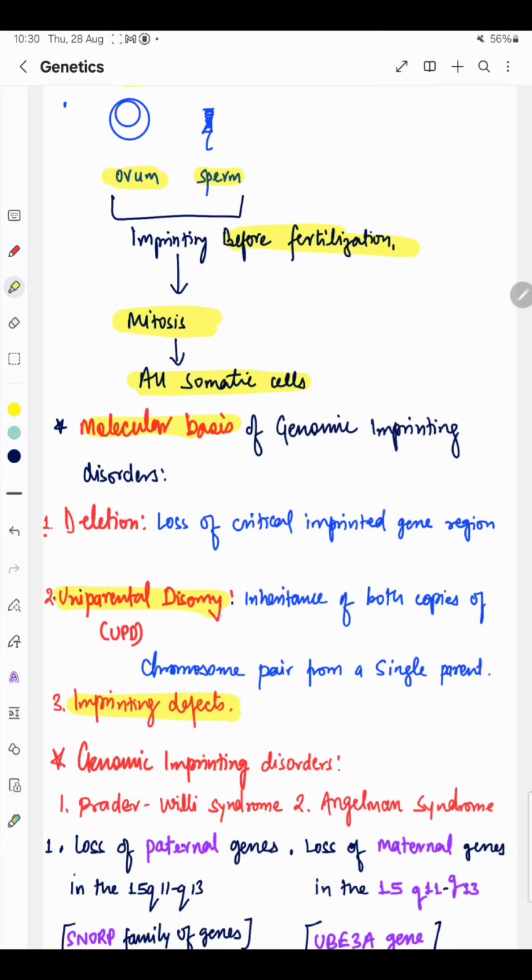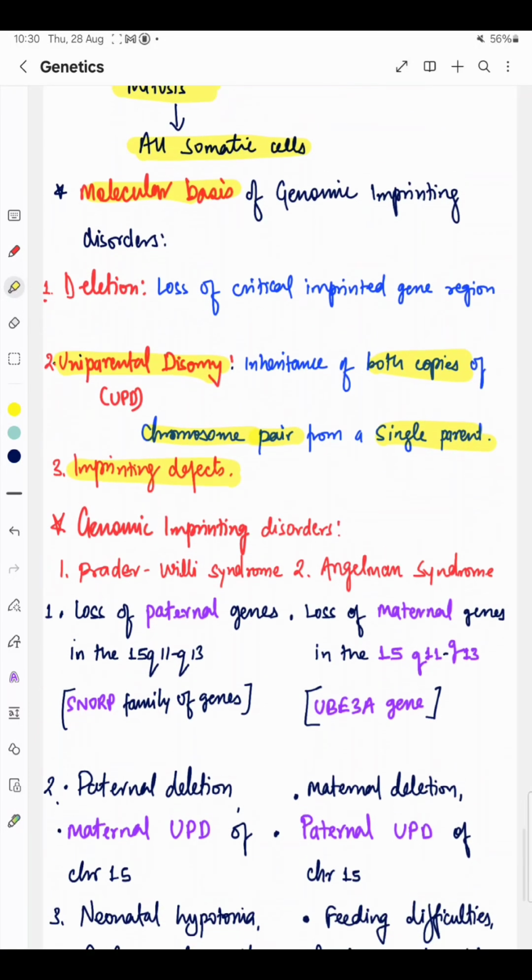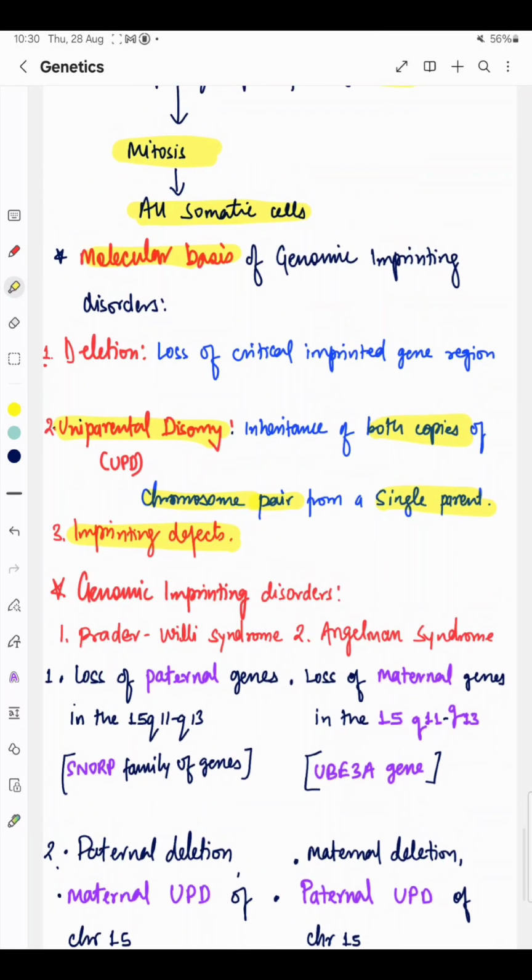In uniparental disomy, both copies of a chromosome are inherited from a single parent, either from the maternal side or paternal side. And the third one is imprinting defects in imprinting control regions. So these are the three molecular bases in the various genomic imprinting disorders: deletion, uniparental disomy, and imprinting defects.